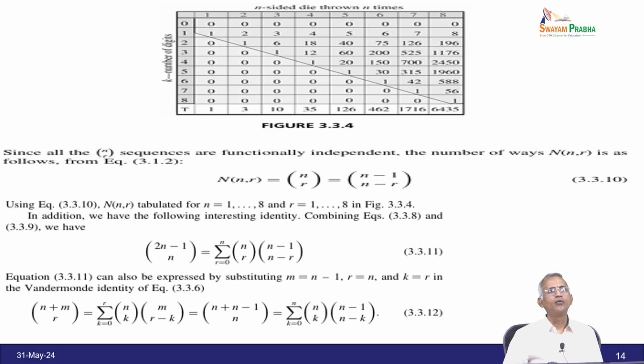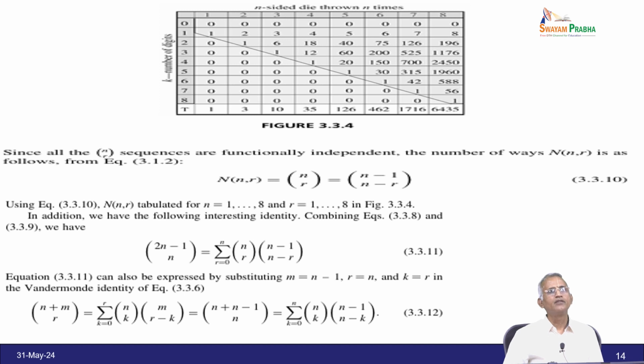For example, for 1, 1 will come 1 way, 1 and 2 is 2, like that 1 and 8 is 8, and if 0 is associated with 1 it is 0, whereas 1 to 1 is 1 only, 2 to 1 no possibilities, 3 to 1 no possibilities, 4 to 1 no possibilities, 5 to 1 is 0, 6 to 1 is 0, 7 to 1 is 0, 8 to 1 is 0.